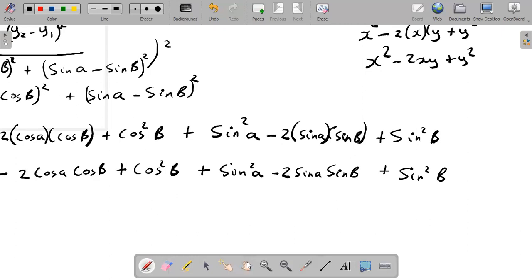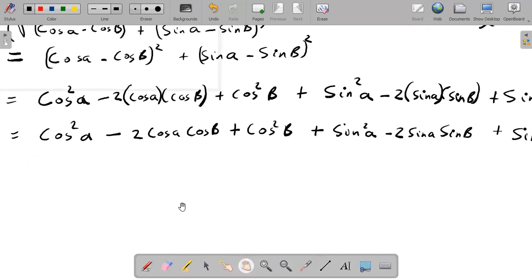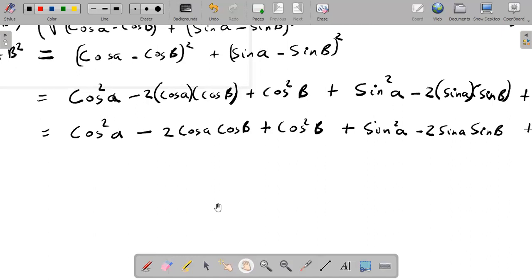So at this stage, we can then try to simplify what we have by grouping. So we are going to group what we are having right here. We can start with cos squared alpha as well as sine squared alpha. So we will take them, cos squared alpha plus sine squared alpha.